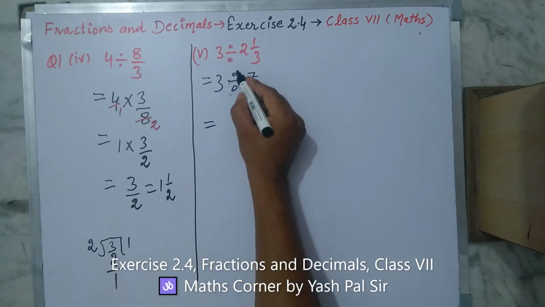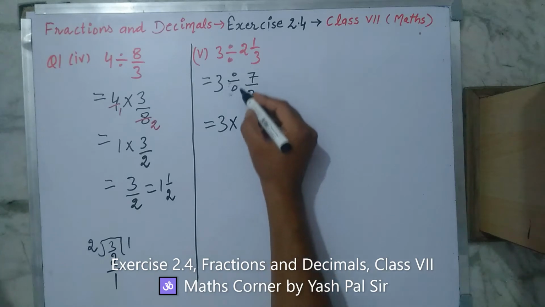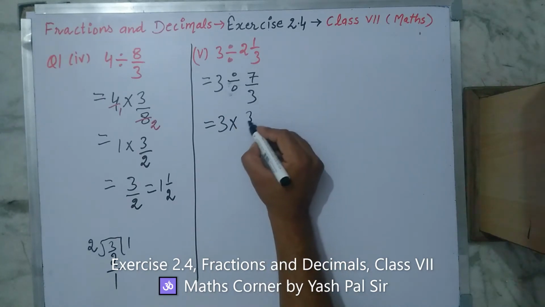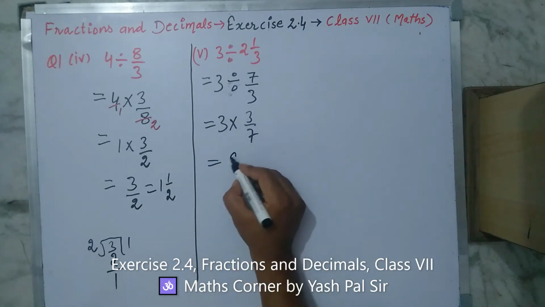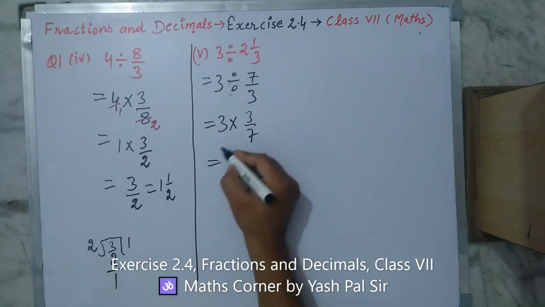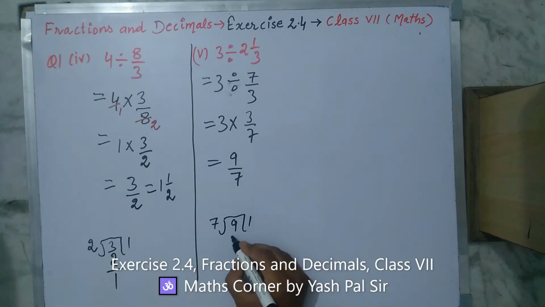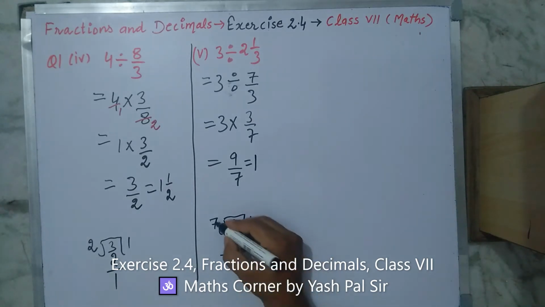Next we are converting the sign of division. 3 divide, it means the reciprocal of 7 upon 3, which is 3 upon 7. So multiplying 3 into 3, 9 upon 7. This is an improper fraction. So divide here, 9 divide 7. 7 ones are 7, minus, 2. So this is equal to 1 and 2 upon 7.